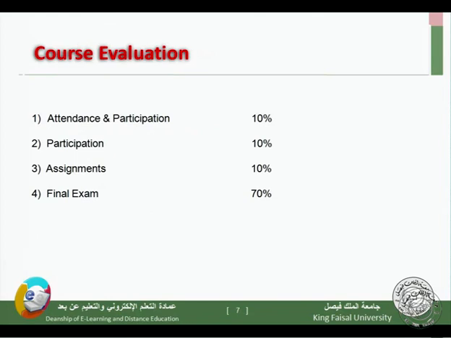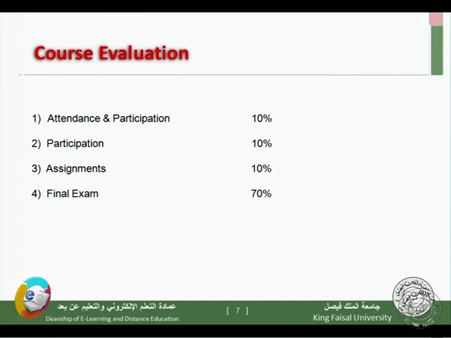The course evaluation is not that different from any other course. Attendance and participation. Sorry, there is a typo here. Attendance will be 10%, and participation is going to be 10%. The assignments are also going to be 10% of the total course marks, and the final exam is 70%.